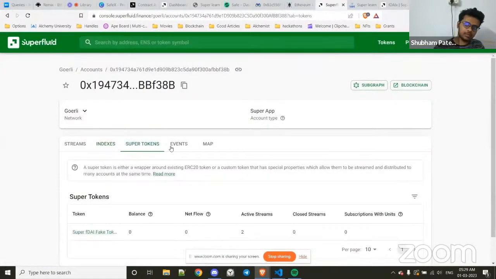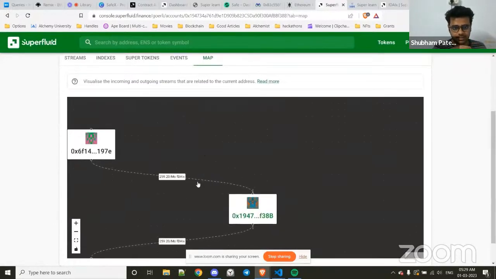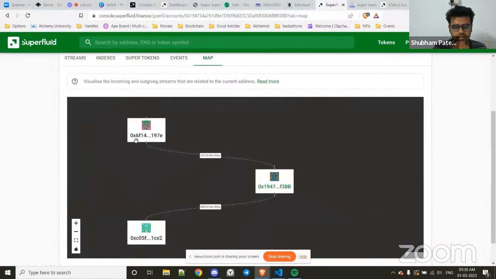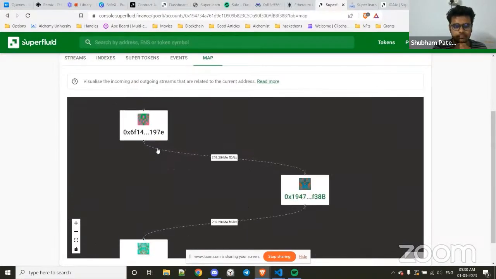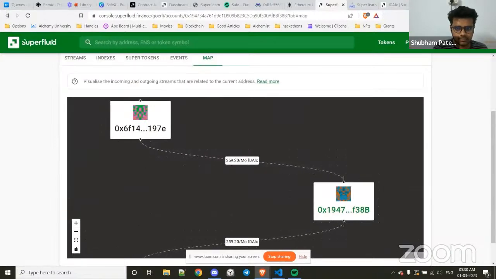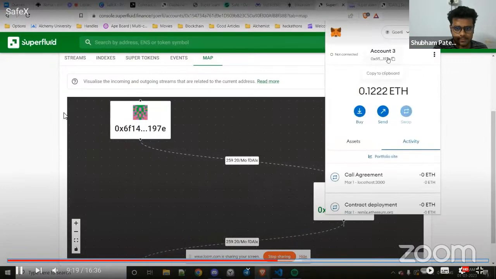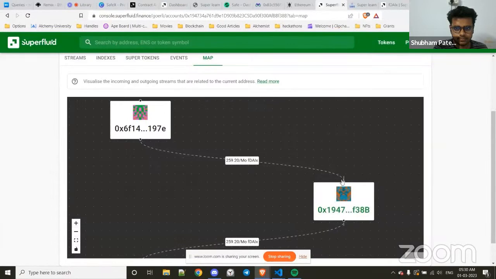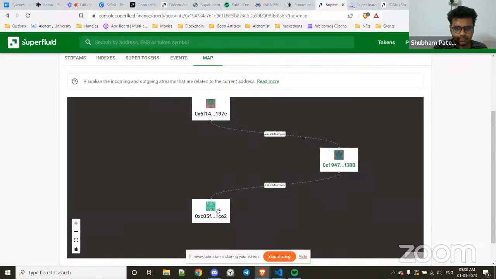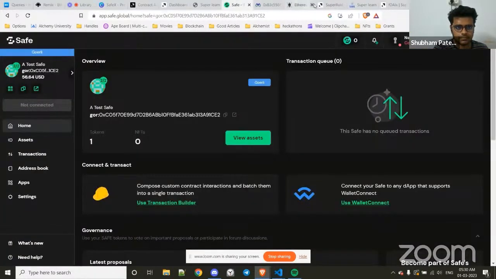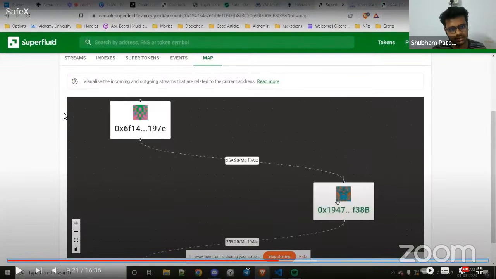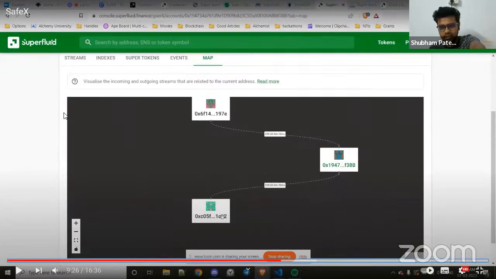After deploying the NFT contract and starting a money stream, as you can see, this was the safe address, and this middle one is the tradable cash flow NFT which was created. The money stream is being sent to the cash flow NFT. That cash flow NFT sends the same stream, without making any changes to the flow rate, to the safe.